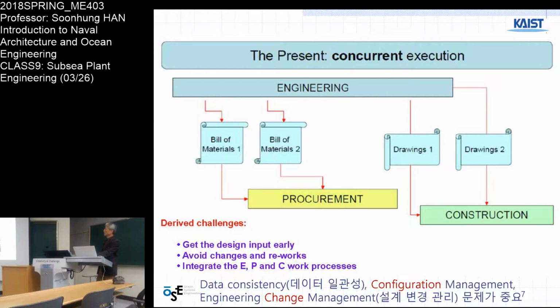This one is finished well, so the quality of design is very complete. But now it is an incomplete drawing, and incomplete material is coming. So you have a data consistency problem. And design change management is also important. In other words, configuration management.